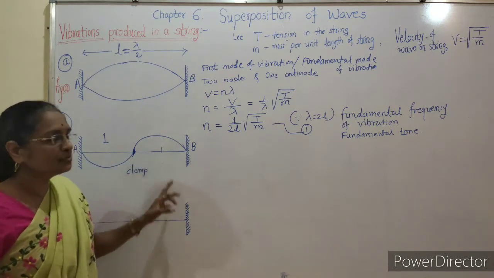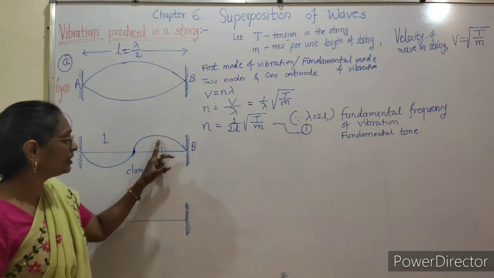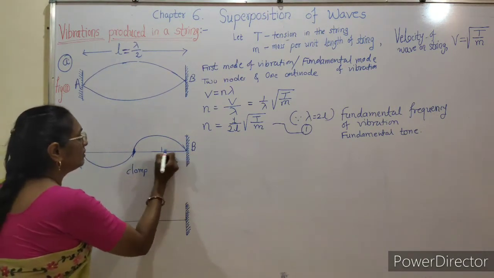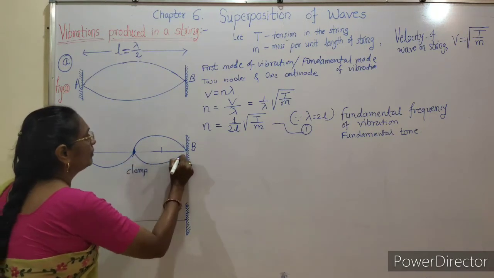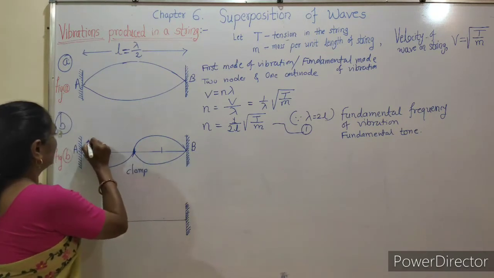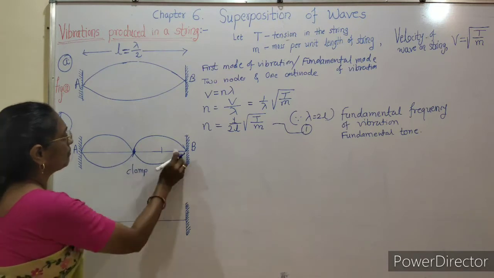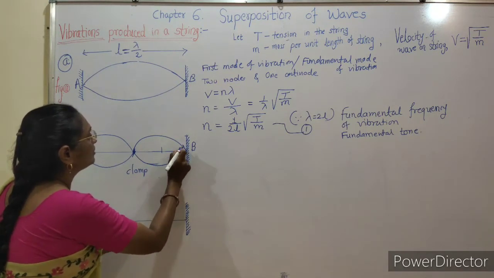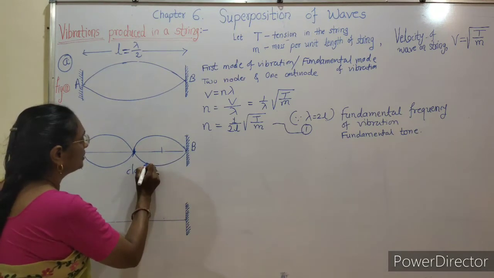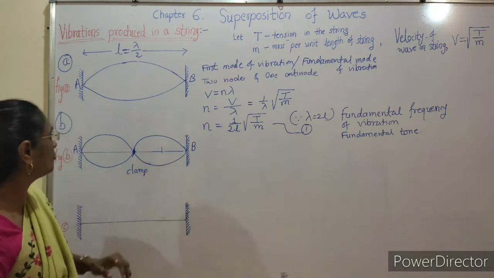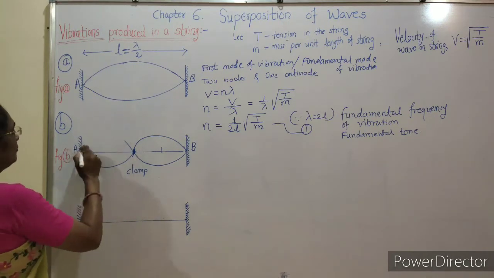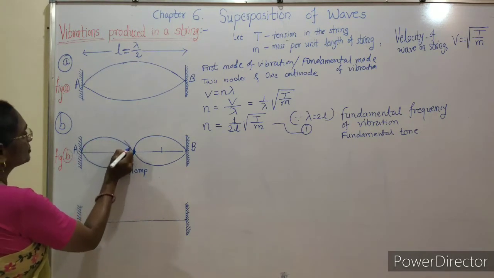Now the incident wave is formed by simply disturbing one segment. Then we know by the reflection of the wave there is superposition of the reflected wave and the incident wave. The incident wave means the wave which we have produced, and the reflected wave is the wave which is reflected from the fixed ends here.